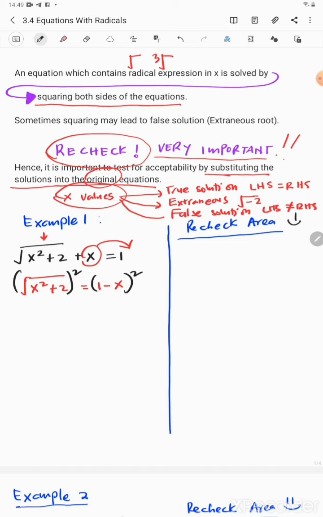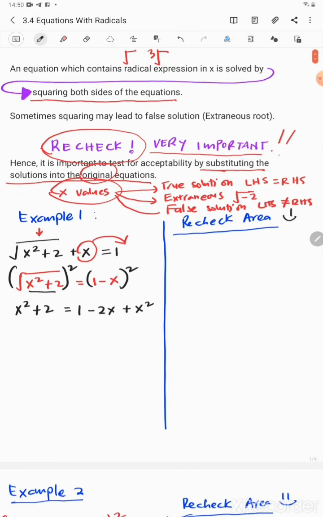So the value will be x square plus 2. Remember, when we square the square root, the radical sign is removed, and only the term inside remains. Equal to, on the right side we expand as usual, so we get 1 minus 2x plus x square.